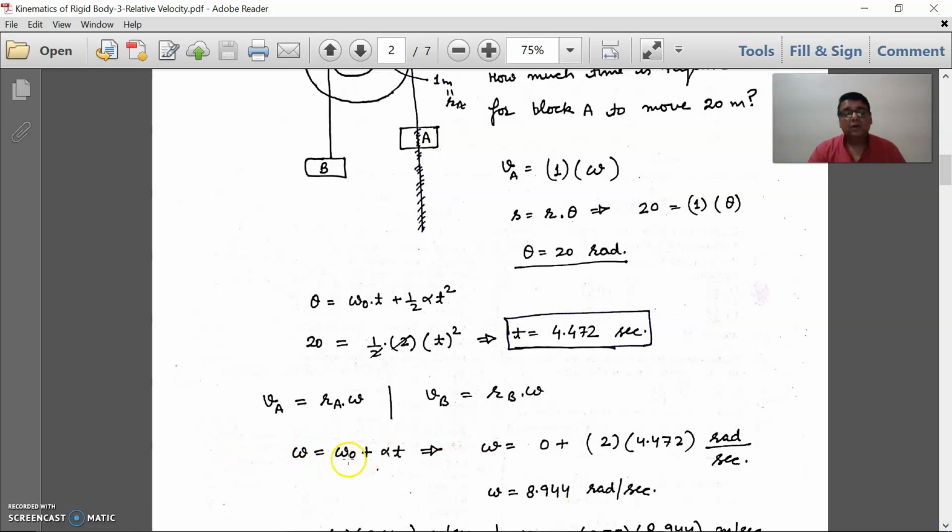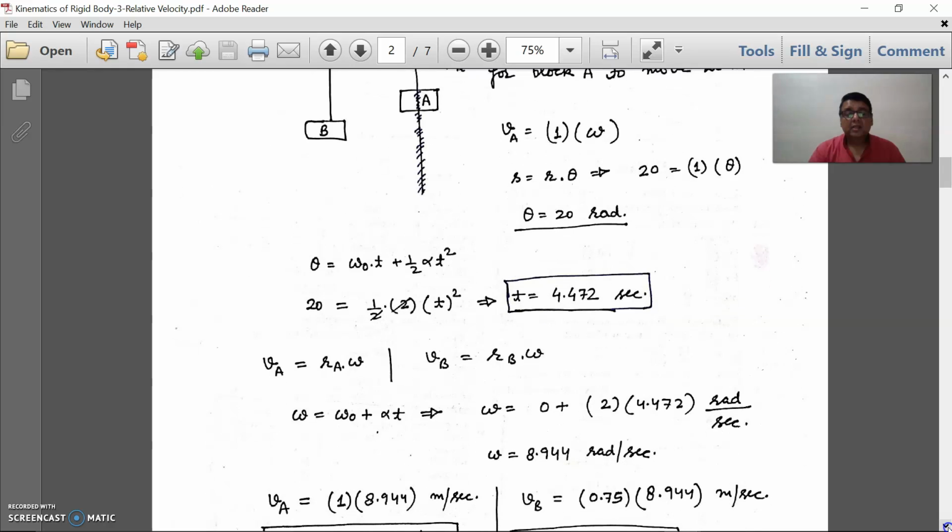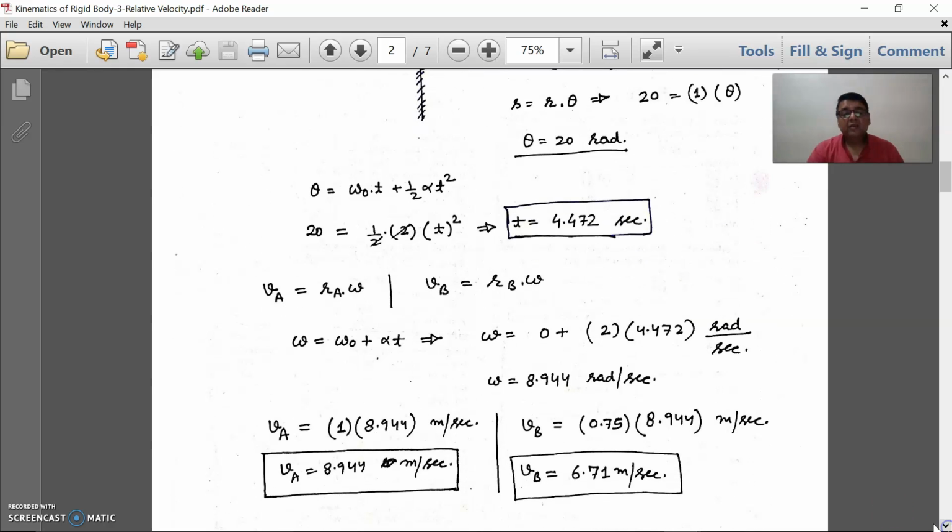W is equal to W naught plus alpha into T. Initially W naught is 0, so W is equal to 0 plus alpha into T. T is 4.472, so W is equal to 8.944.